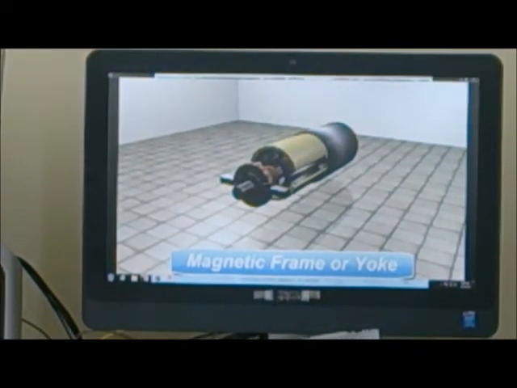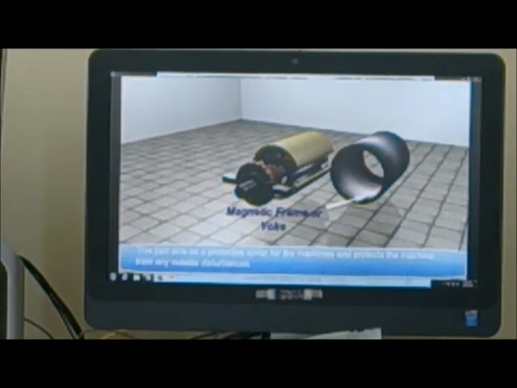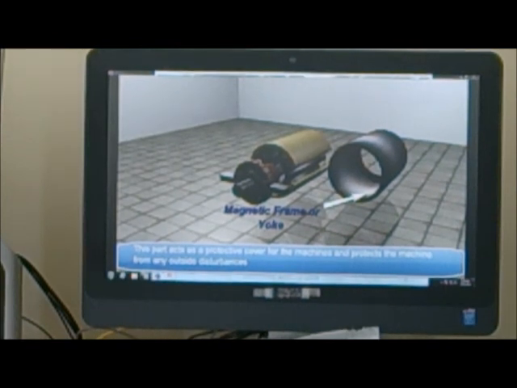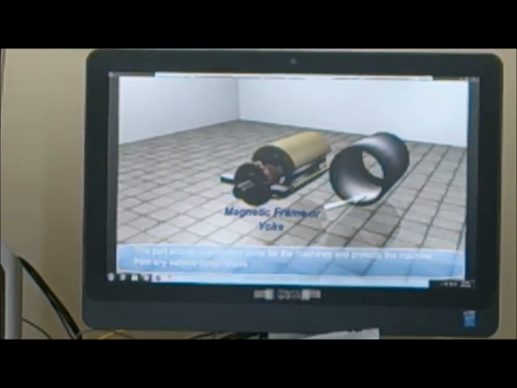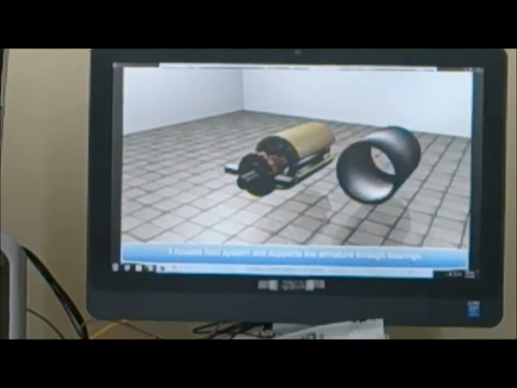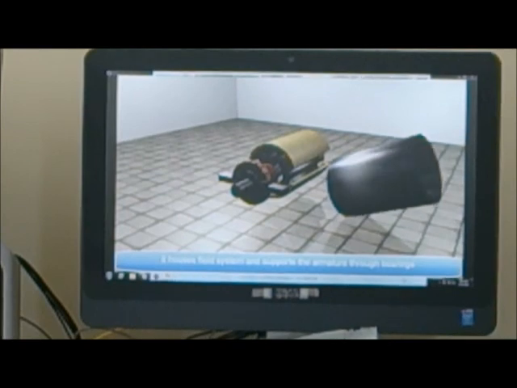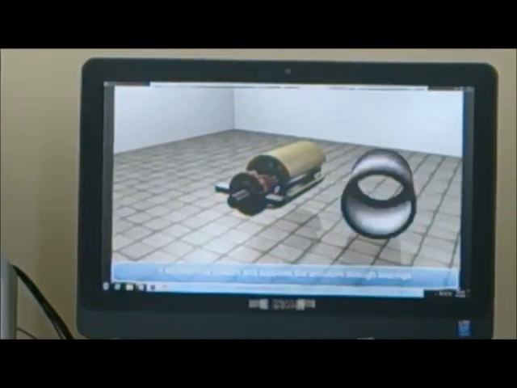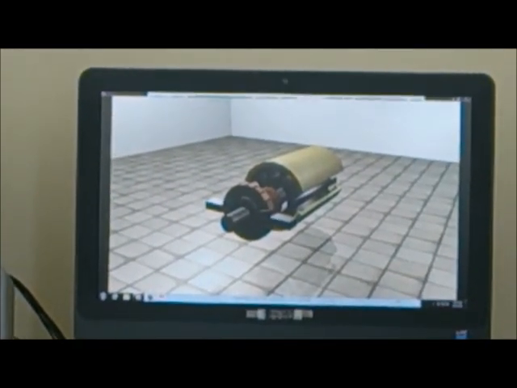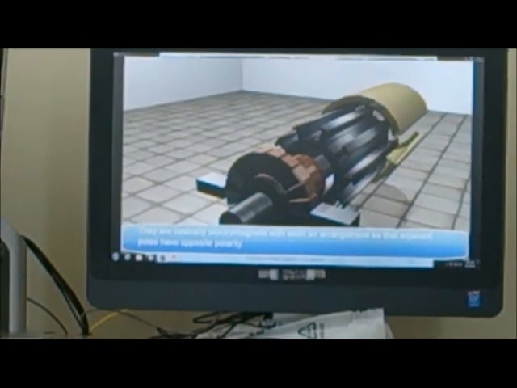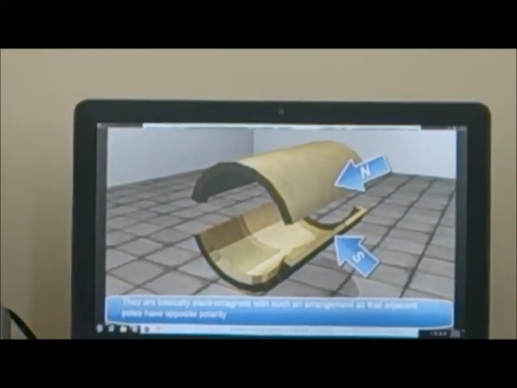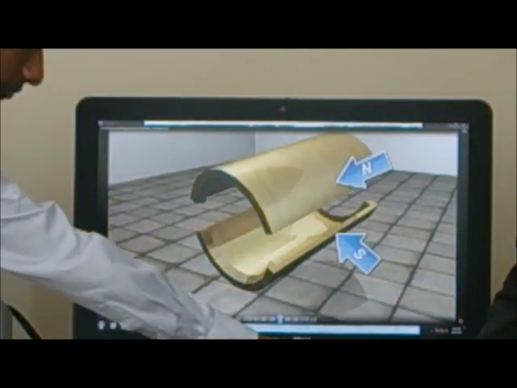Magnetic frame or yoke. This part acts as a protective cover for the machine and protects it from any outside disturbances. It houses the field system and supports the armature through bearings. Stator magnets. They are basically electromagnets arranged so that adjacent poles have opposite polarity.